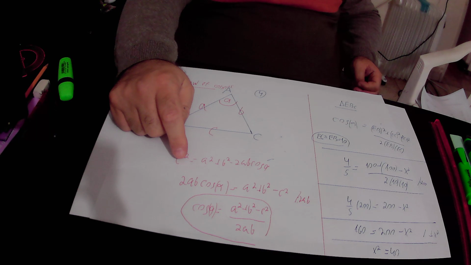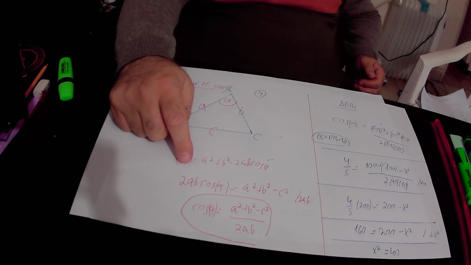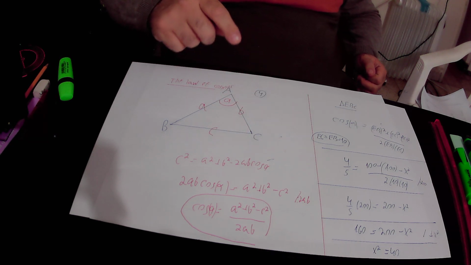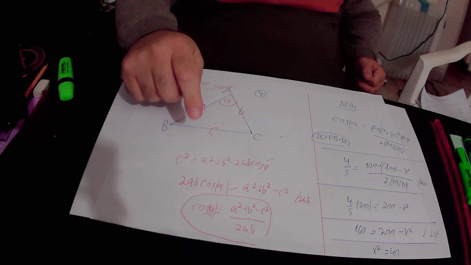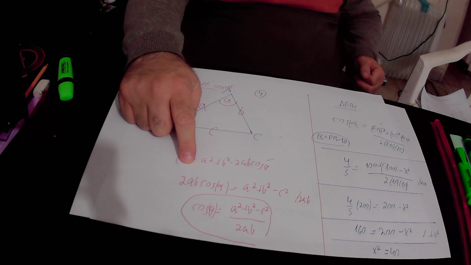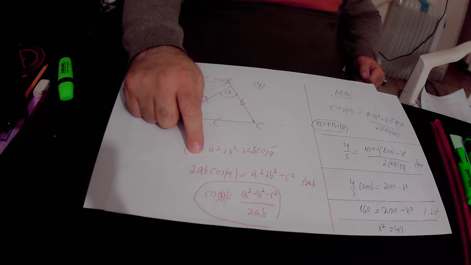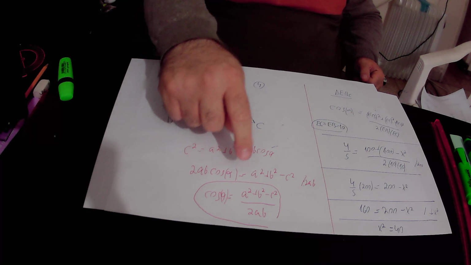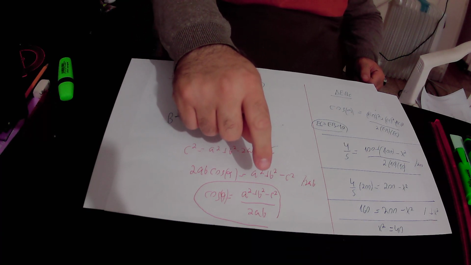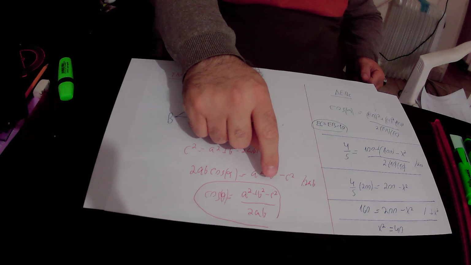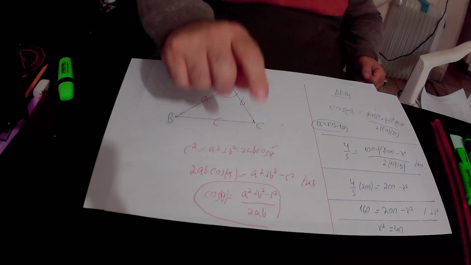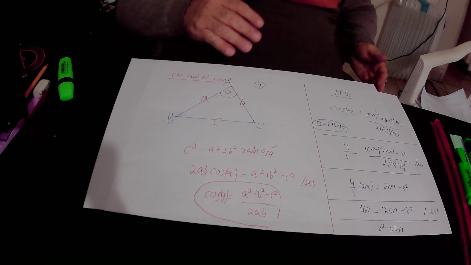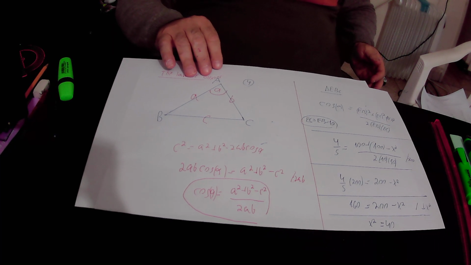So in conclusion, 2 times AB cosine alpha equals A squared plus B squared minus C squared. We divide this equation by 2 times AB, and we get that cosine alpha equals A squared plus B squared minus C squared over 2 times AB. So we can implement the law of cosines in our triangle.